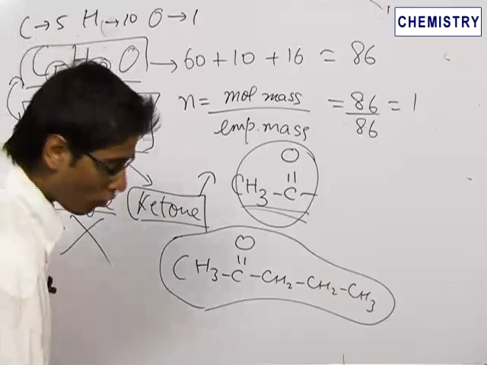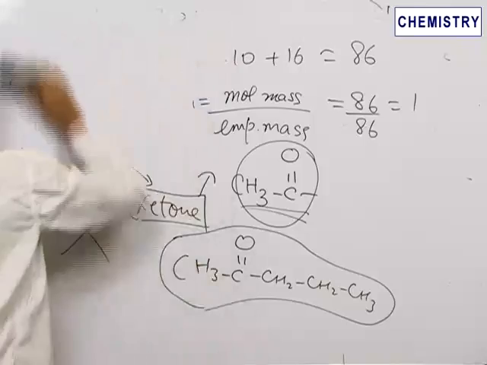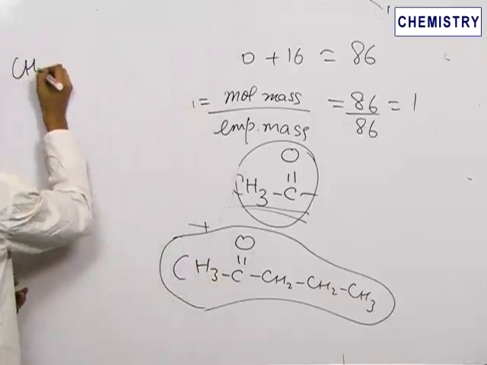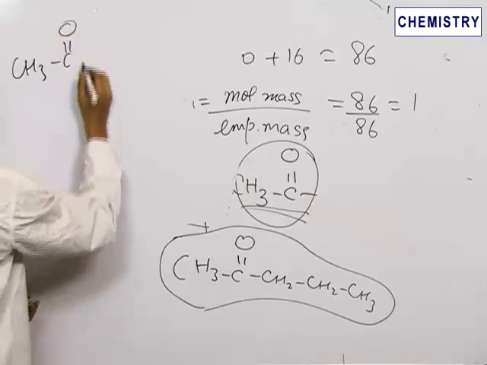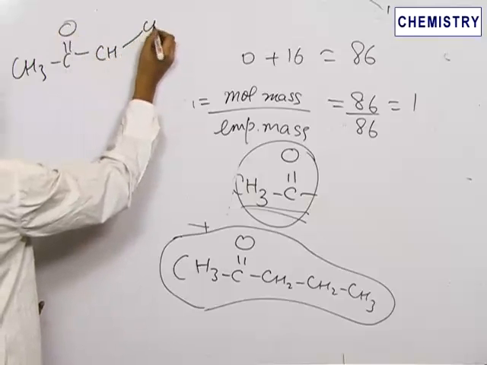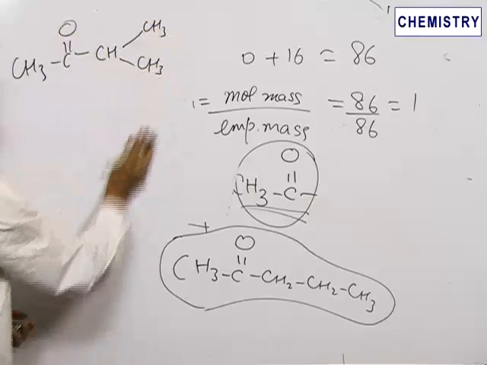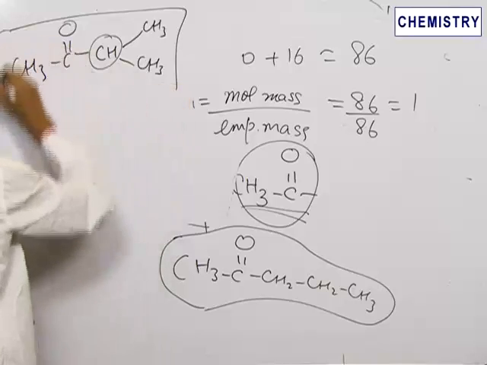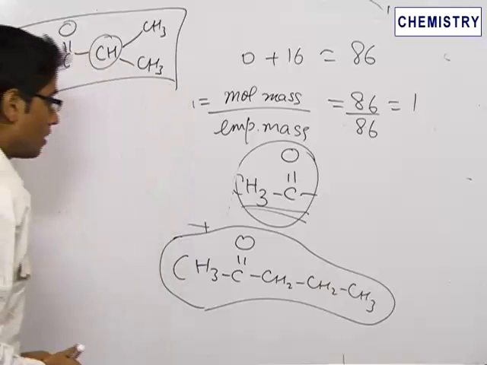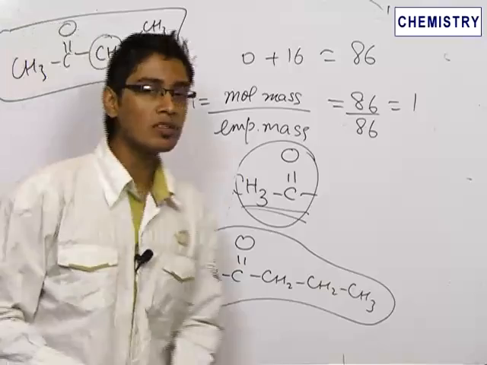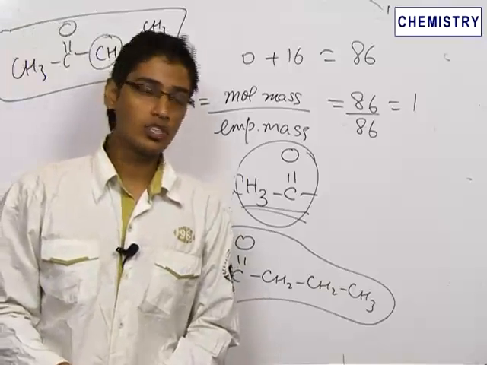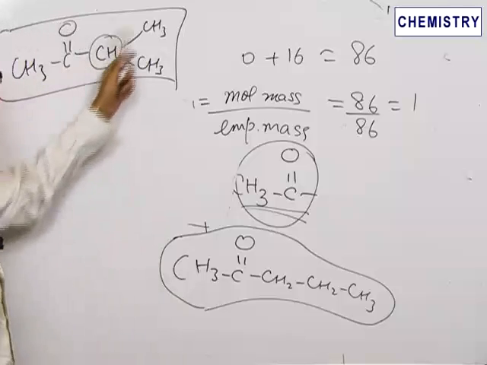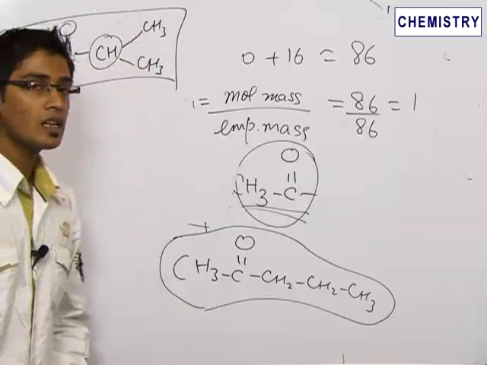And the second possible structure of the ketone can be CH3, CO, CH, CH3, CH3, attaching both the methyl groups to this C carbon to get the second possible structure of our ketone. Hence the 2 possible structures of ketone possible in this question are CH3CO, CH2, CH2, CH3 or CH3CO, CH, CH3, CH3, and this is our final answer.